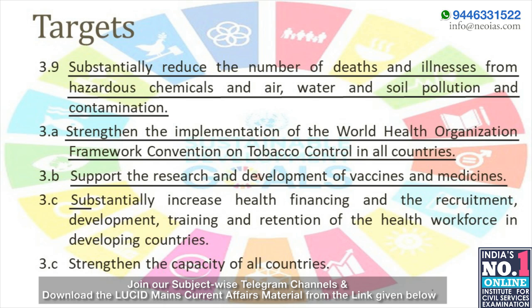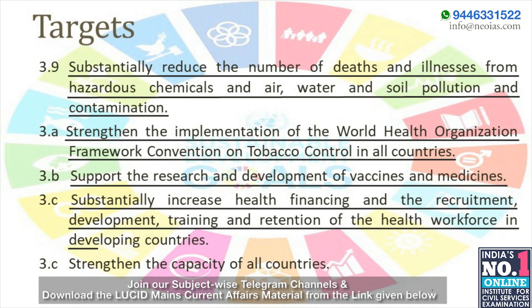Next is to substantially increase health financing and recruitment, development, training and retention of the health workforce in developing countries, especially in least developed countries and small island developing states. Last one is to strengthen the capacity of all countries, in particular developing countries, for early warning, risk reduction and management of national and global health risks.